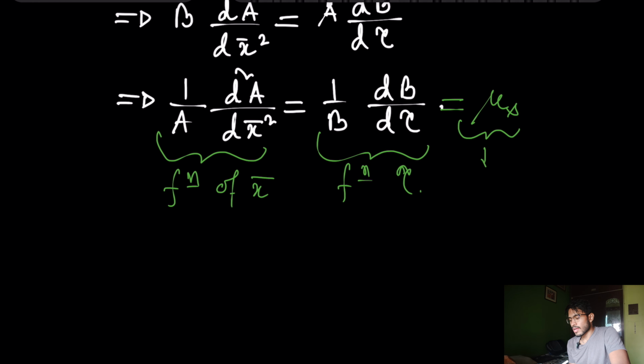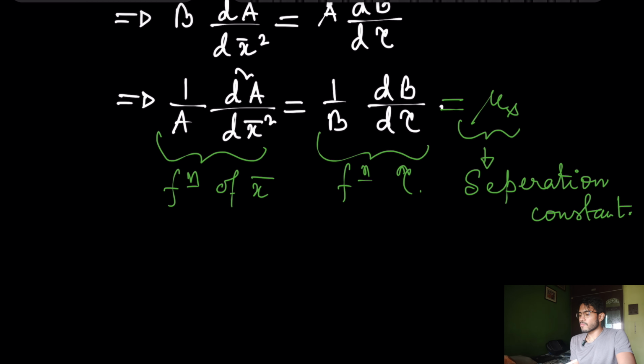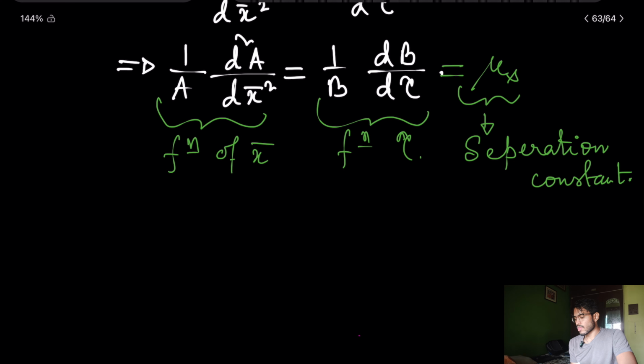So this is termed as the separation constant. Okay, so this was a very important statement. That is why these two things are boiling down to a constant. Okay, so this is mu s.